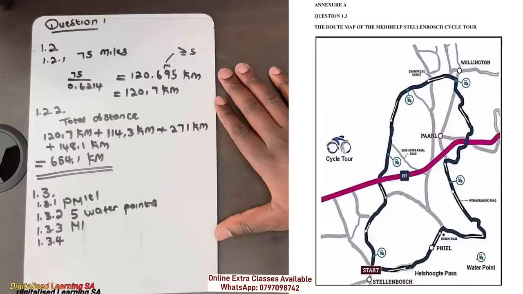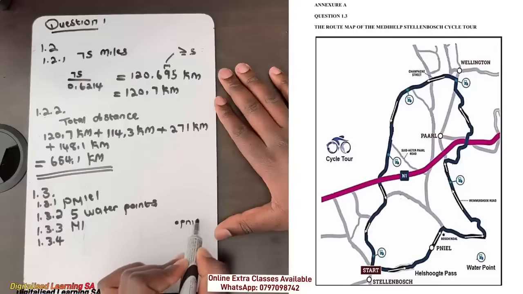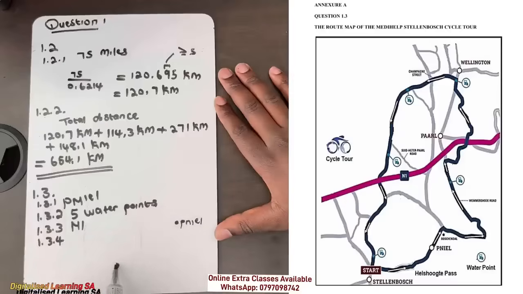So in our map we can see that here would be Peniel, and then here would be Stellenbosch. If you look on the right hand side on the map, you can see that that's how those directions are. So now we need to find out which general direction this would be.